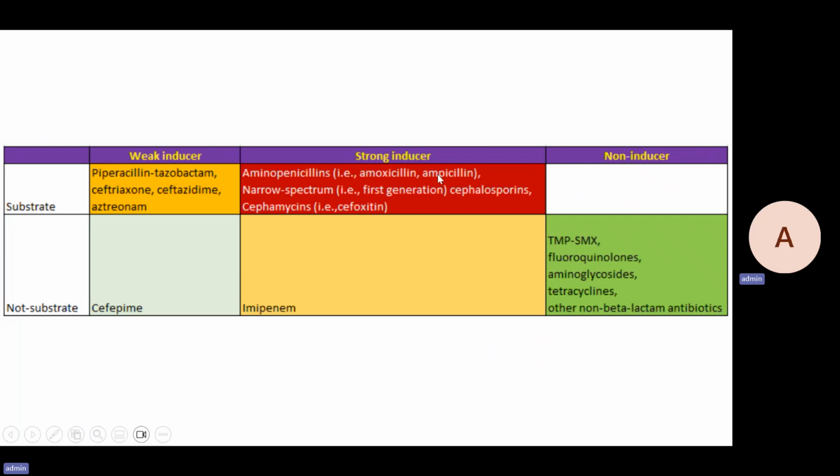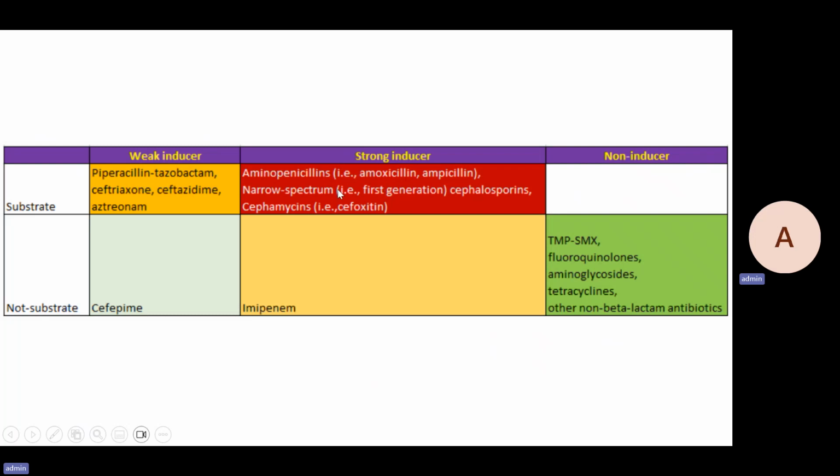On the other hand, if I give co-amoxiclav, it's a strong inducer and there's a high chance that it will induce the AmpC production. And if it does, treatment will fail. So giving a Citrobacter freundii bacteremia co-amoxiclav is much, much higher risk than piptaz because it's a strong inducer. Both of them are substrates.